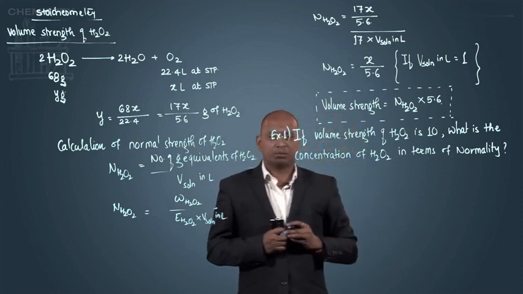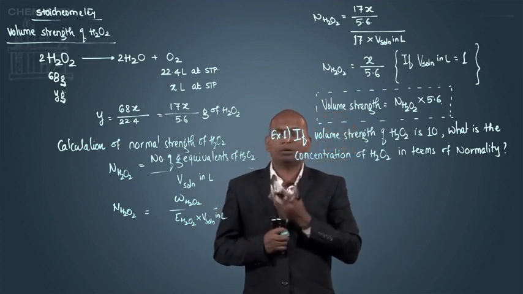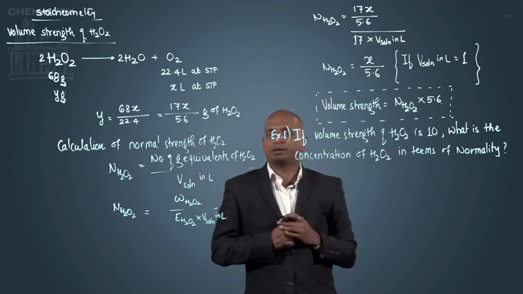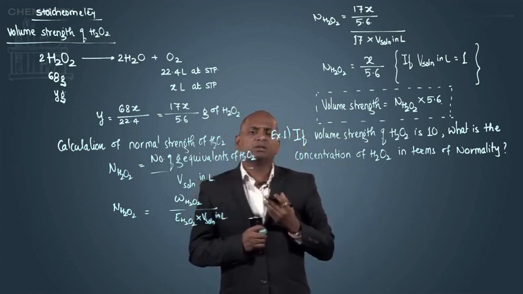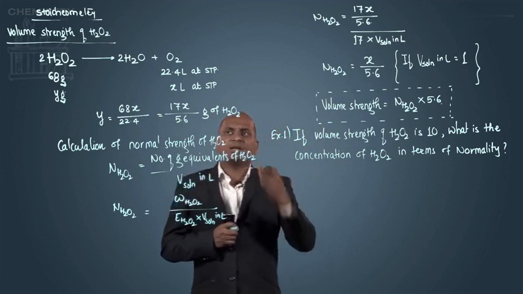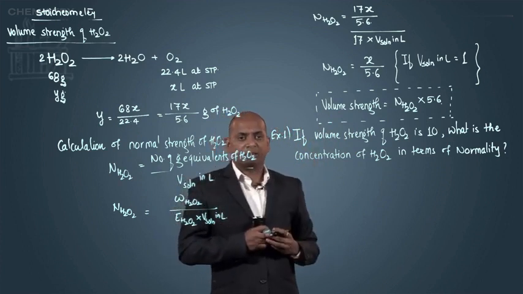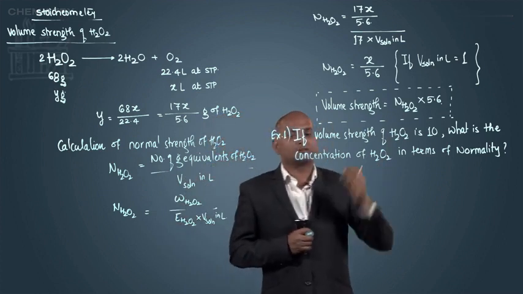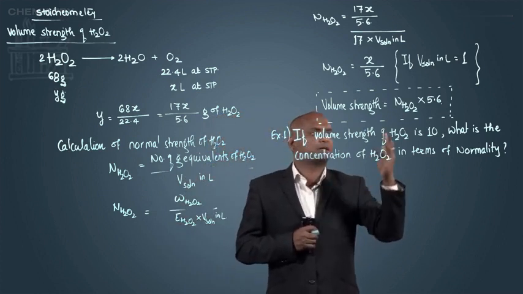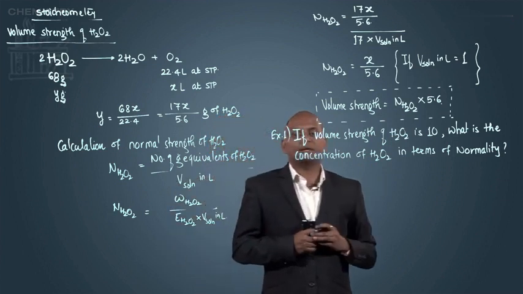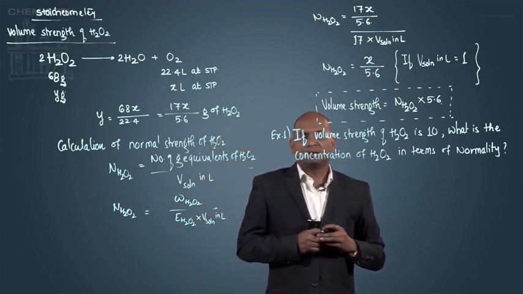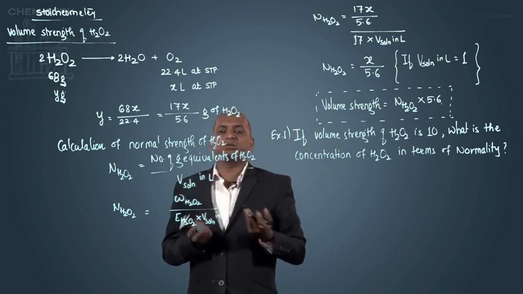It is possible to calculate directly because we have already derived all this. In books, every time they do this calculation part, but now we have this good relation: volume strength is equal to normality of H2O2 into 5.6. So, we can directly use that relation.